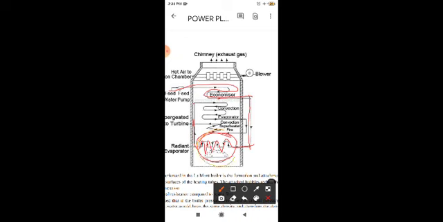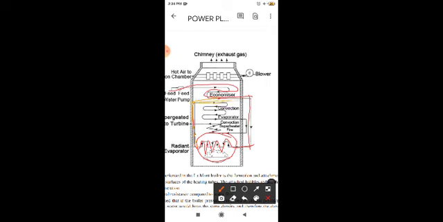At this portion, the total heat gained by the water in this tubing is all due to radiation heat transfer. Then the water goes from here to here.